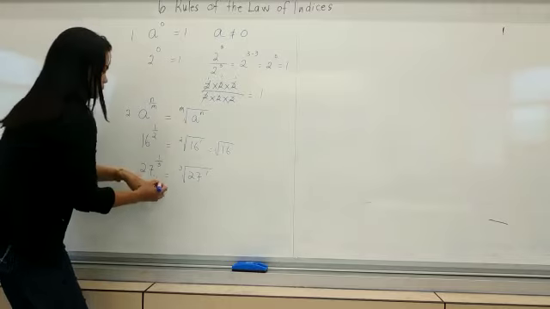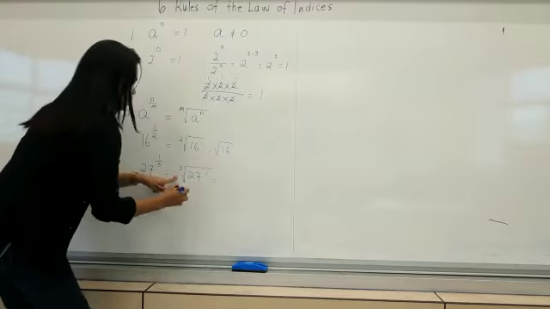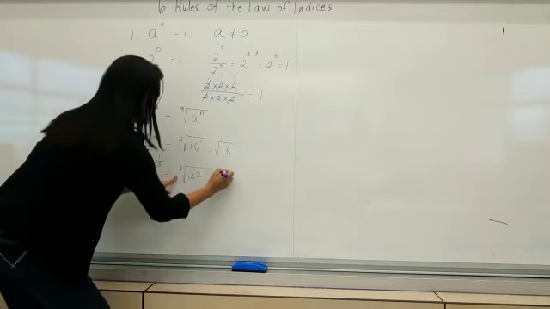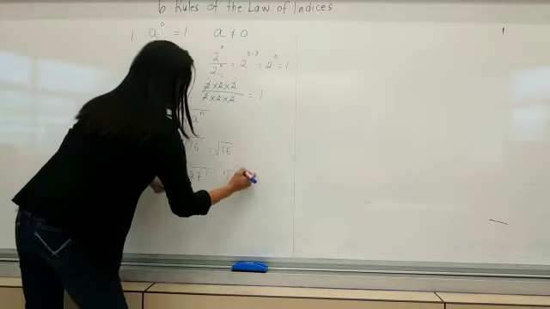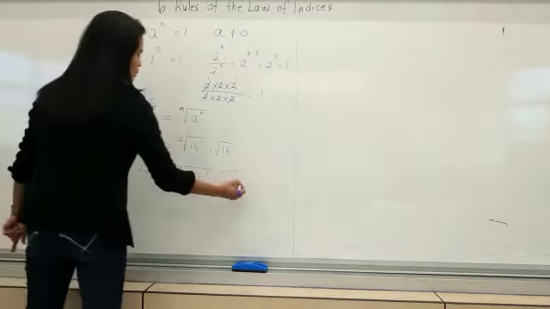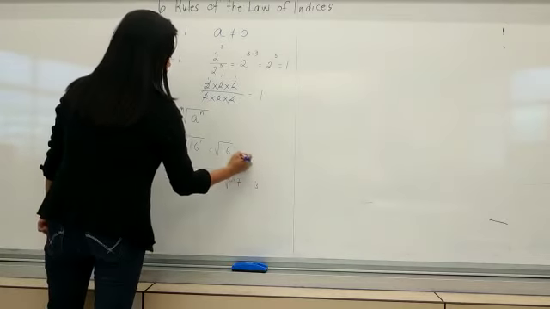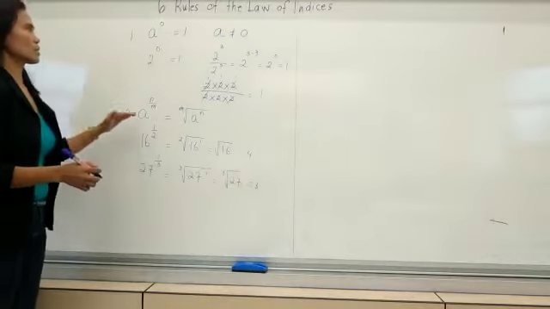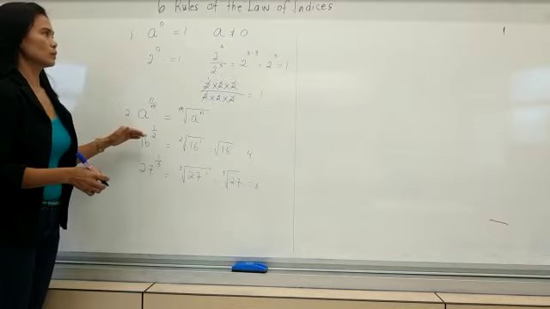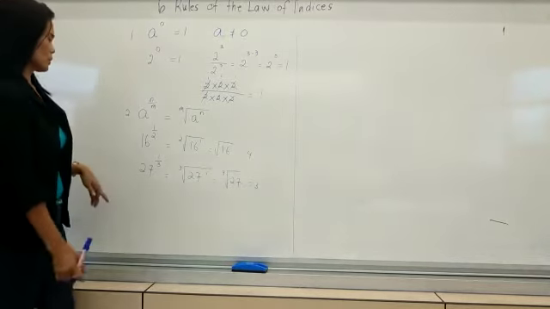So it is telling you, what is the cube root of 27? That gives you 3. Okay, so this is the second rule of the law of indices.